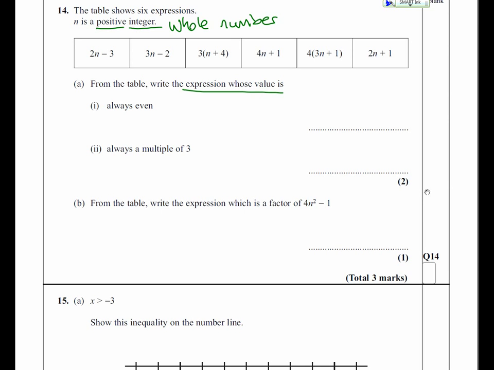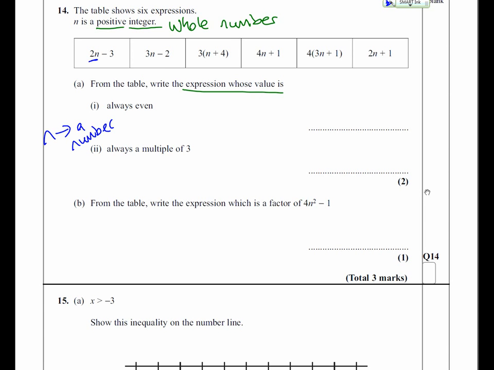Okay, so if you take 2 times a number, just think of n as a number. Yes, we know it's a positive integer, but a whole number. Then times it by 2 and then take away 3. Is it always even? No, because 2 times any number is even, take away an odd, and you get an odd.